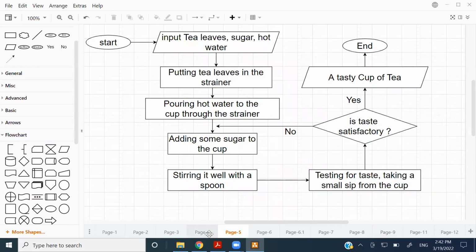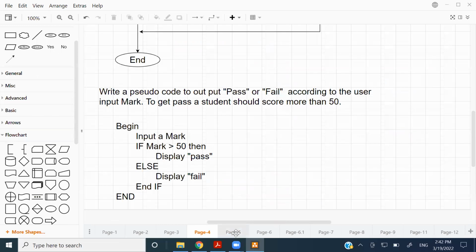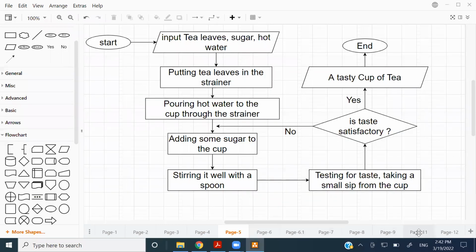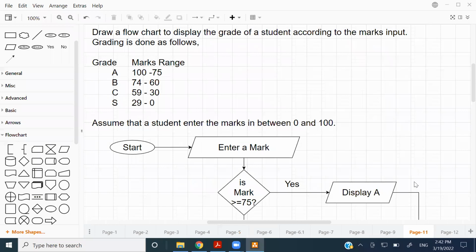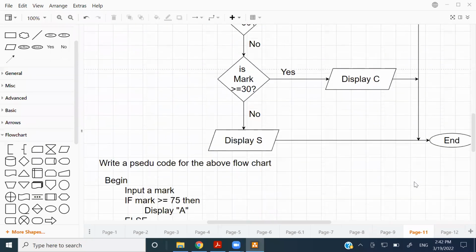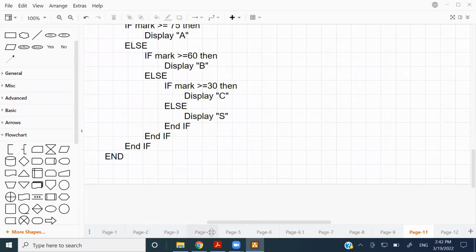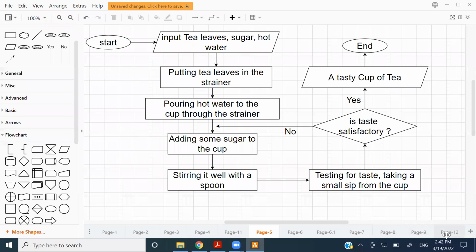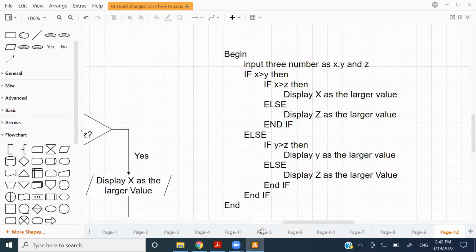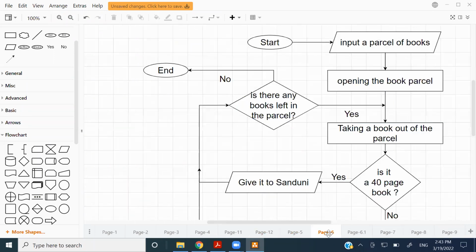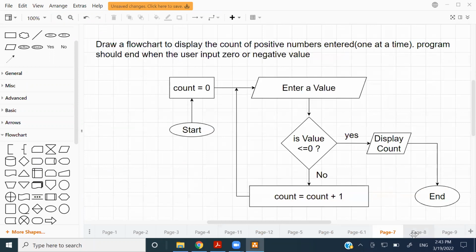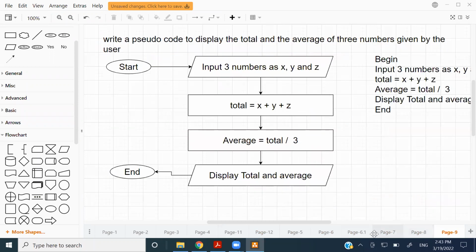So we have done the fourth one, and from the fifth onward, we got these particular things. Let me arrange this over here. Otherwise, we'll go through page 11 and 12 as well.